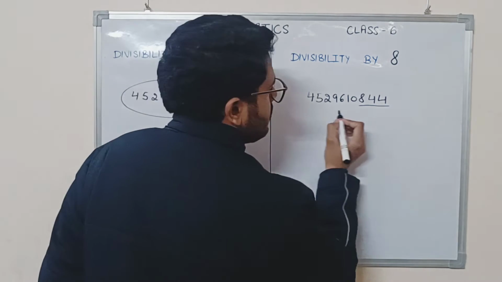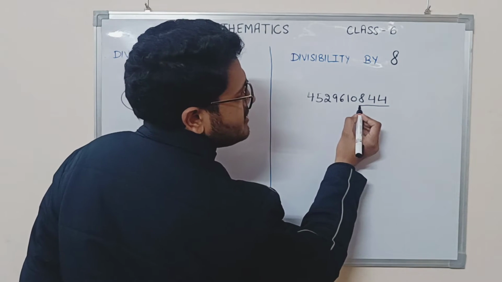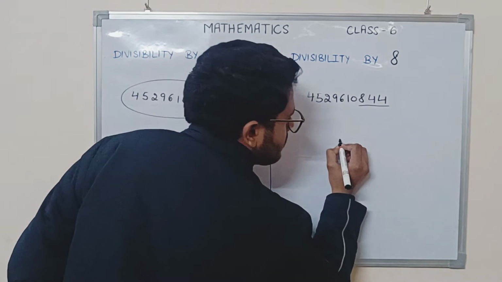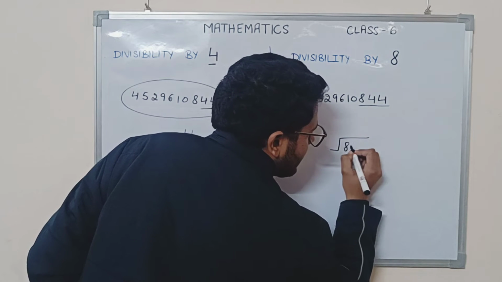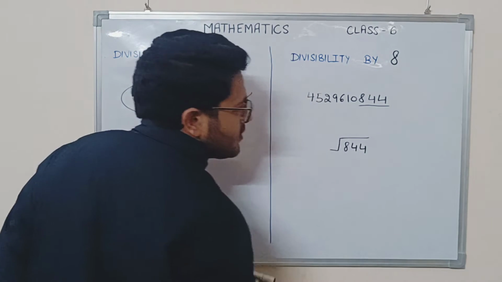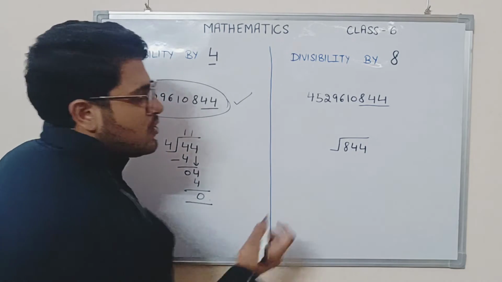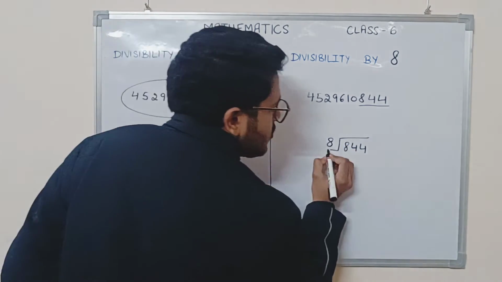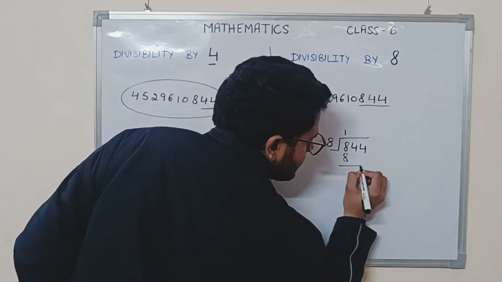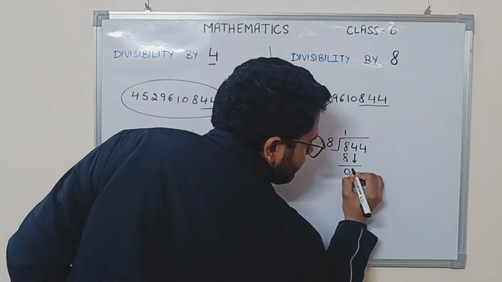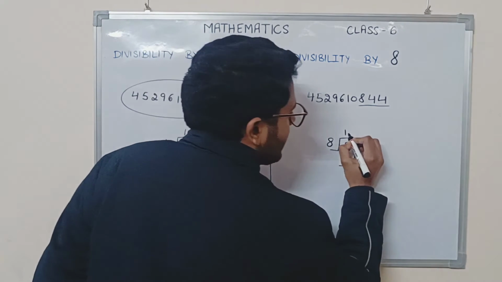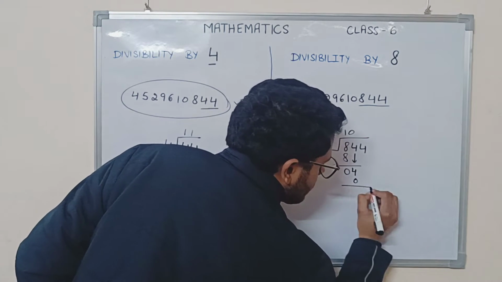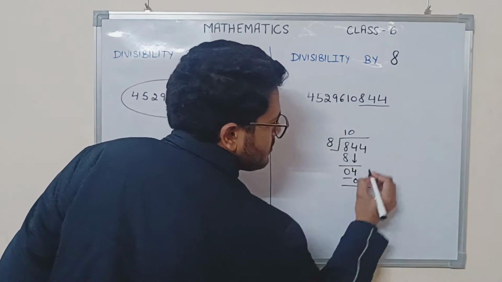In this number the last three digits are 084. We are going to divide this by 8. So 8 ones are 8, 0. Now we have 4. 8 zeros are 0. Then I have 4 as the remainder.